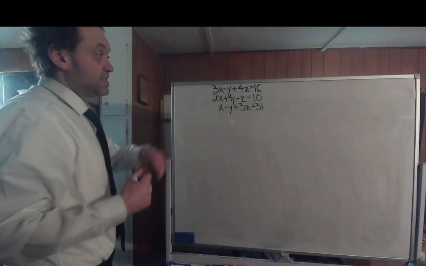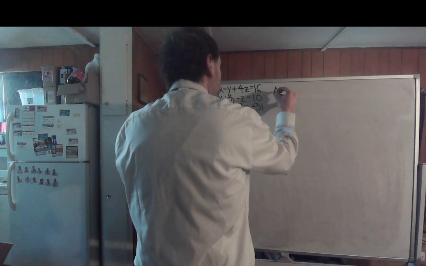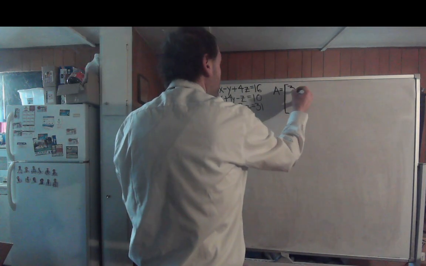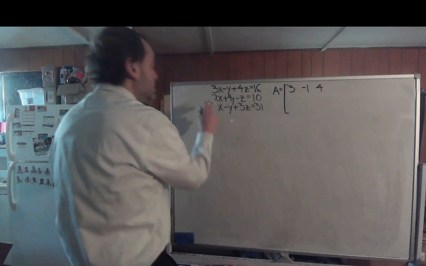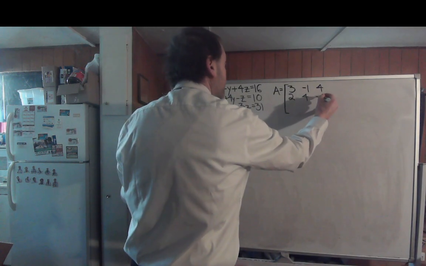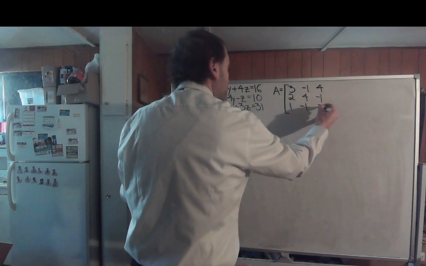So here's this system. Let's set up our three separate matrices. So A, of course, is just the coefficients of your variables. So that'll be 3, -1, 4, 2, 4, -1, 1, -1, and 3.